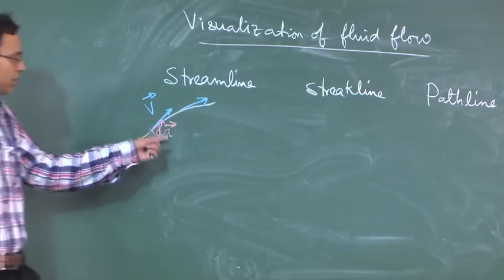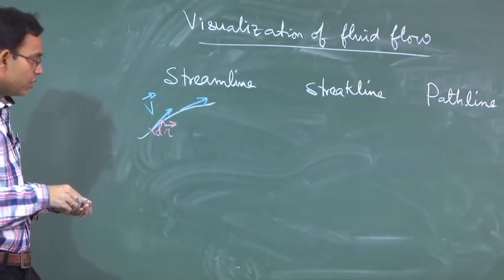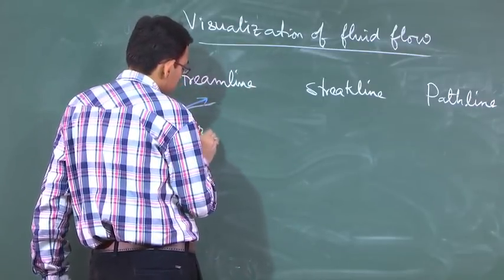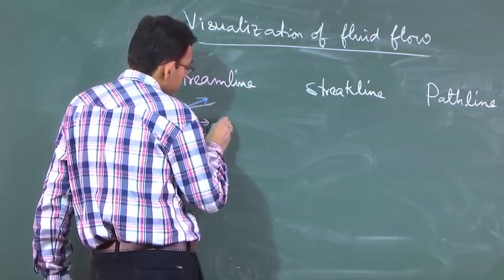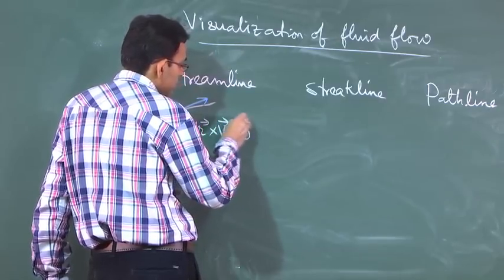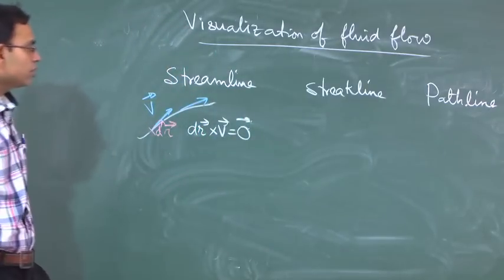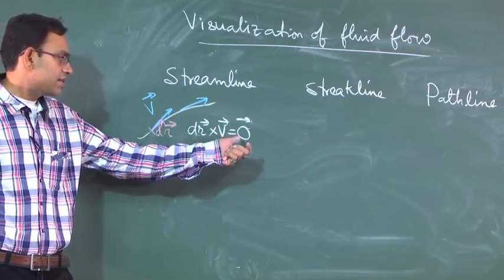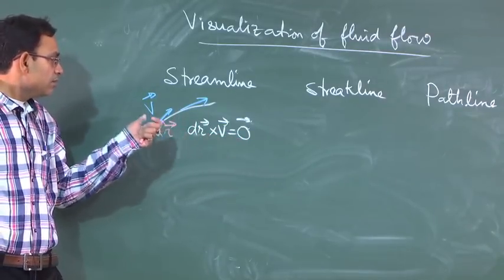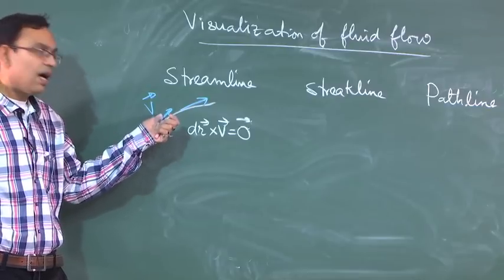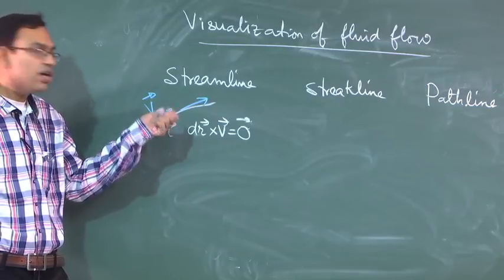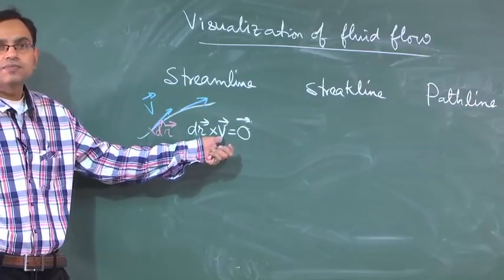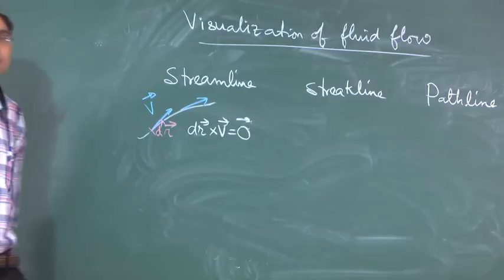So, because both of them are tangent to the streamline, you must have for the streamline dr cross v equal to null vector. This should govern the equation of the streamline. Why is this a null vector? Both dr and v are tangent to the streamline. So, they are essentially two vectors in the same direction. So, their cross product must be a null vector.